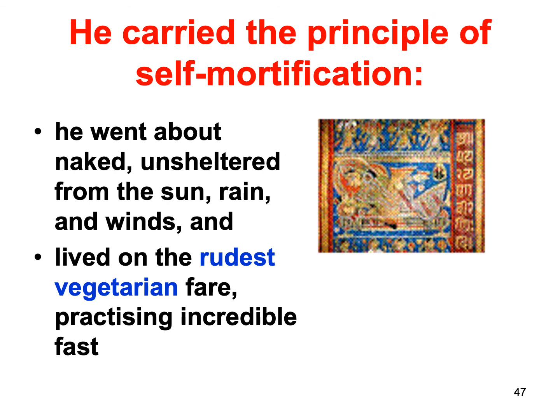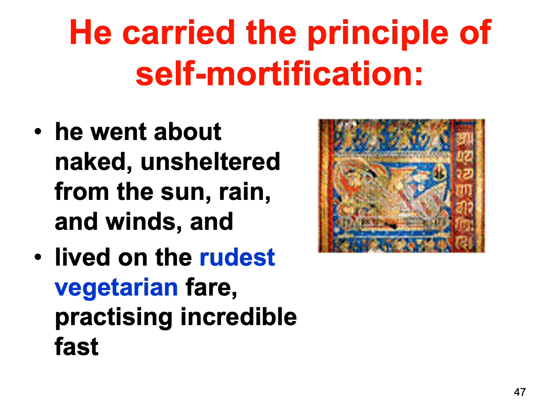He and his monks were carrying the principle of self-mortification. They went about naked, unsheltered from the sun, rain, and wind, and lived under the rudest vegetarian fare, practicing incredible fasts, serious ones.